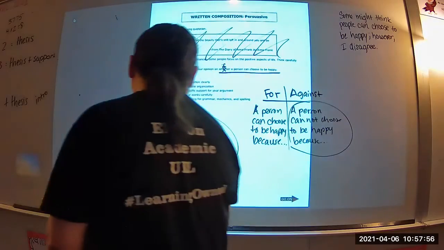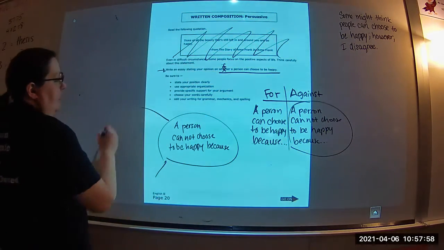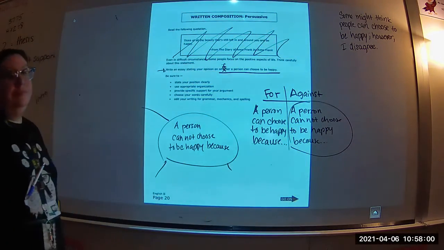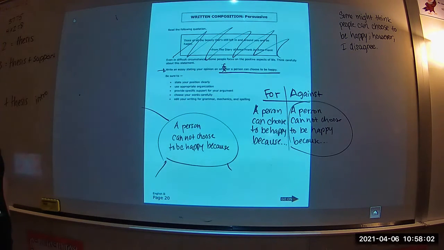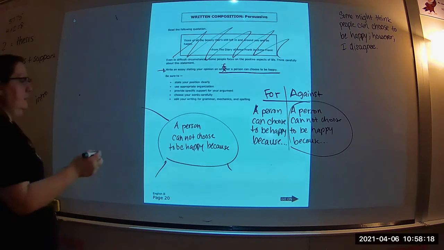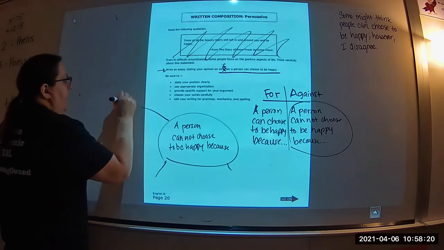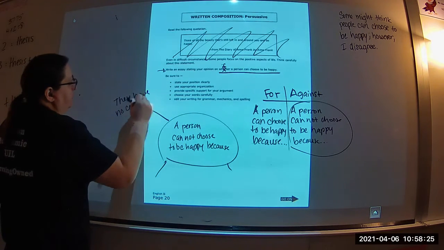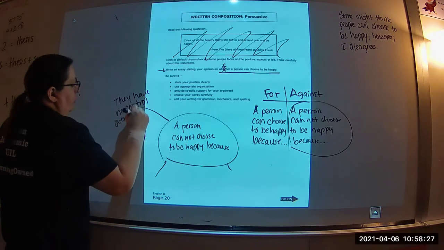Okay. What are some reasons a person can't choose to be happy? If something happens. Okay, so they have no control over what happens to them, right? They have no control over what happens to them.